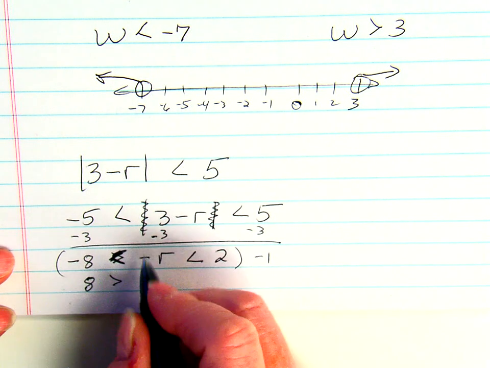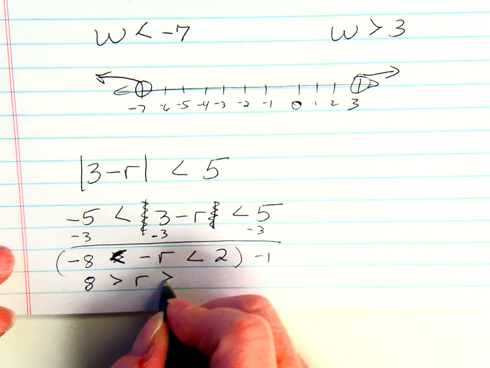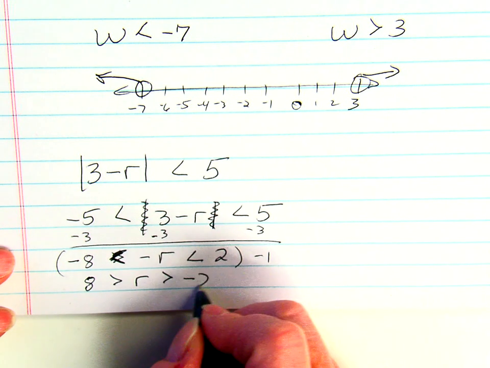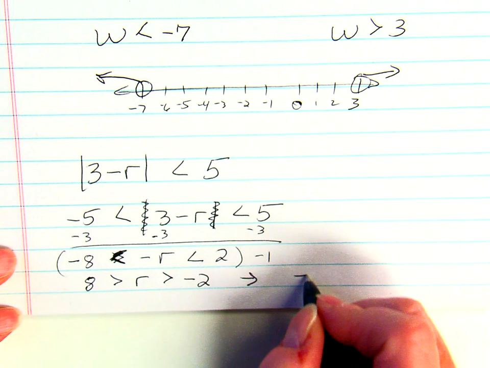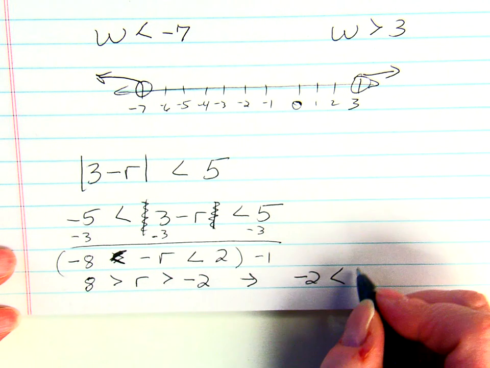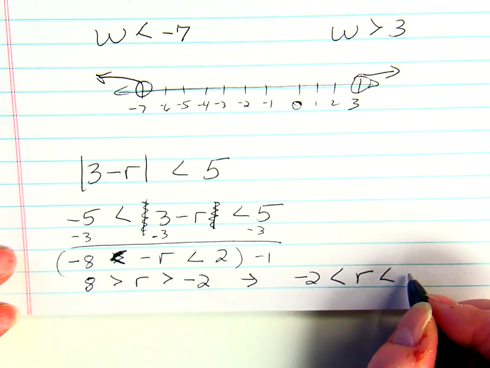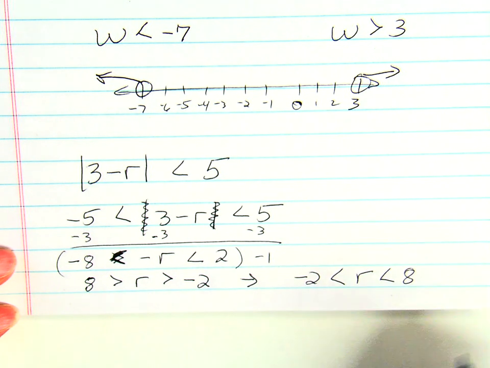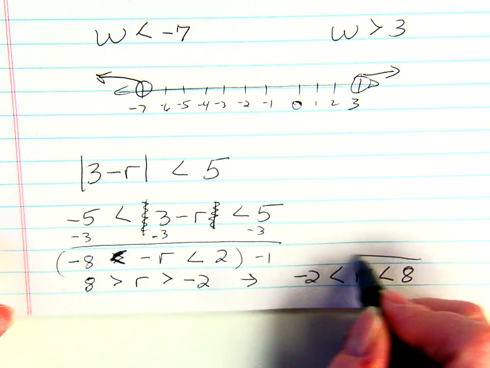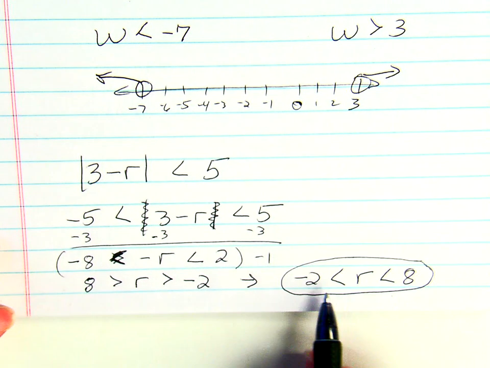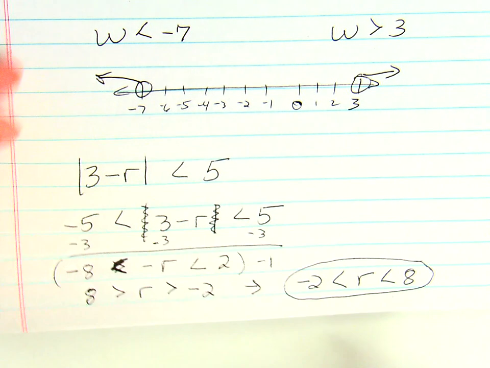So this becomes 8 greater than R greater than -2, which when written properly is -2 less than R less than 8. And I think that we all know our graph would look more like an and, so let's go ahead and do it.